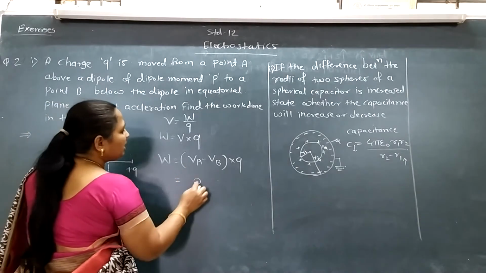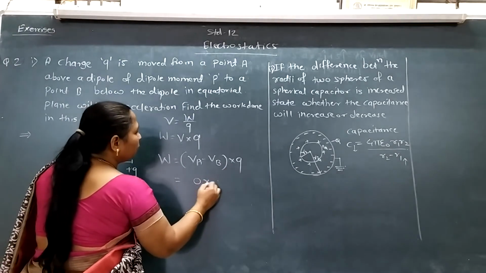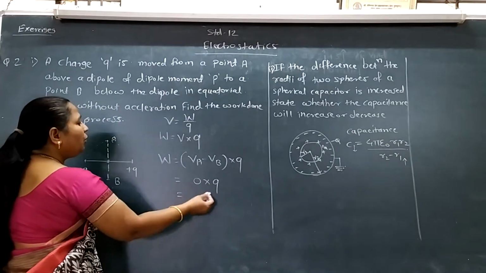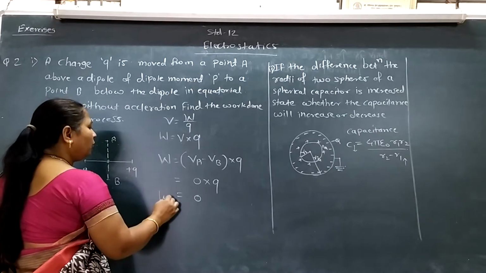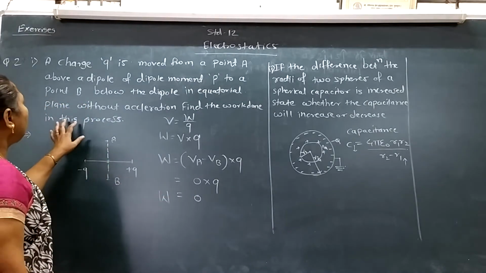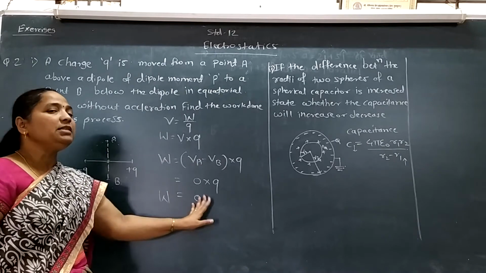Therefore, W is equal to 0 into Q, which is 0. So the work done in this process is 0.